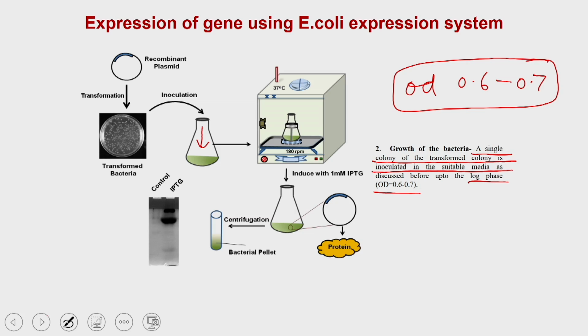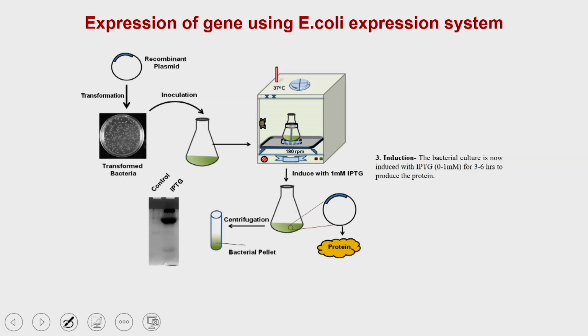Now, in the third step you will do the induction. You will take out the bacterial culture and add IPTG; mostly people use 0 to 1 millimolar IPTG. Then you put it back into the incubator at 37 degrees with 180 rpm, and you can optimize the time of induction.